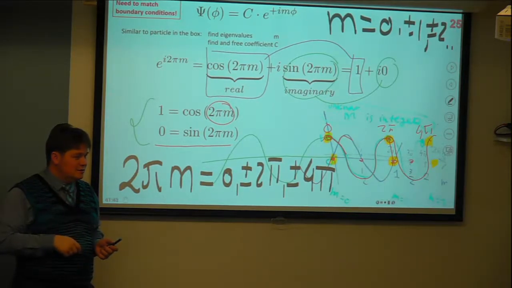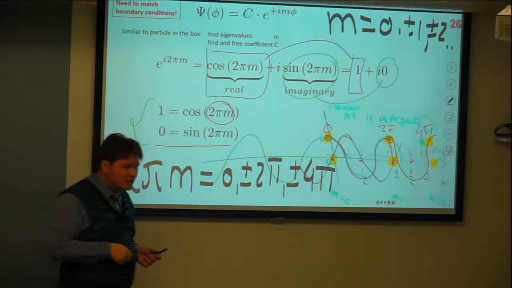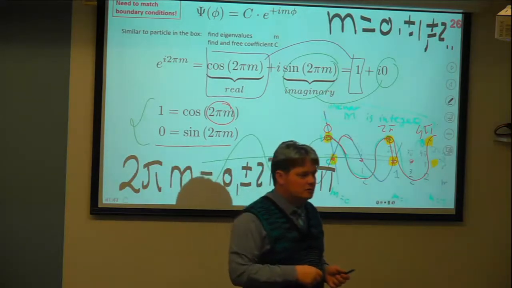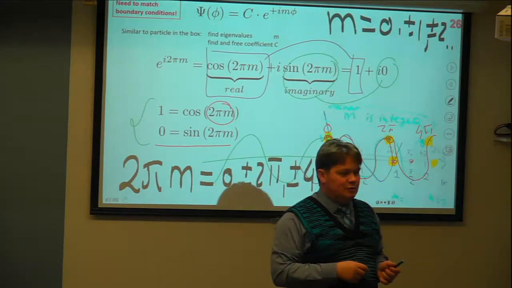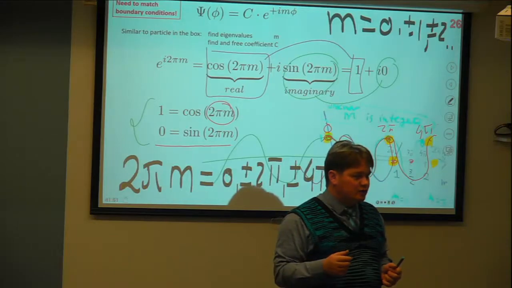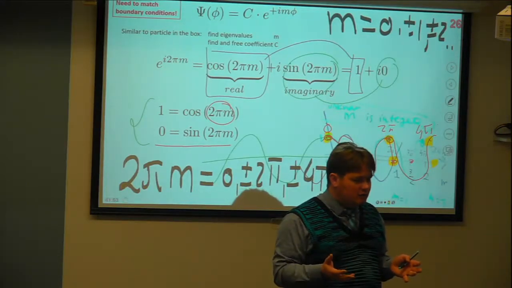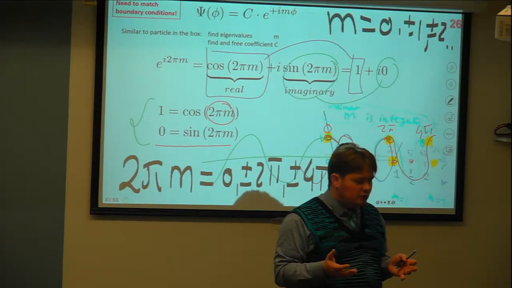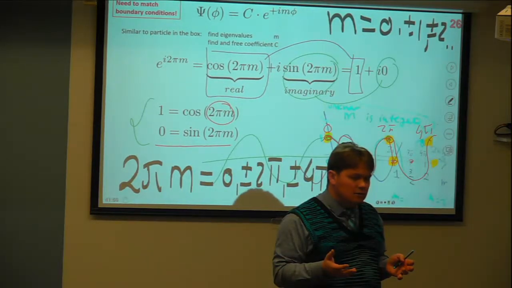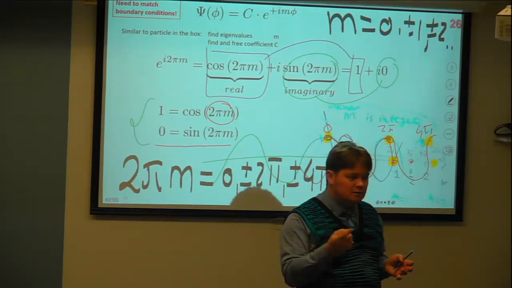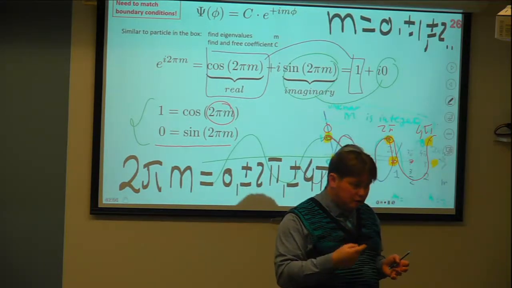Amazing. How do we interpret what you got? So it was a little mathematical exercise with Euler, but in fact we found eigenvalues of angular momentum.